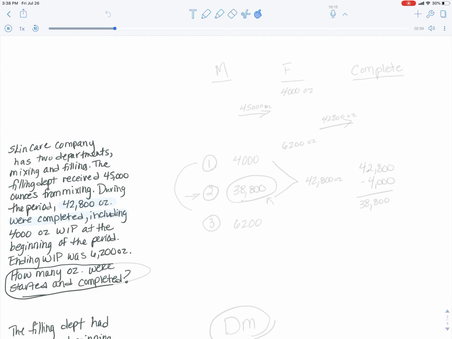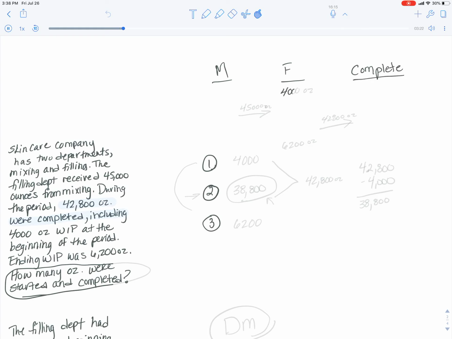So if we really just break this up into what are our three groups, then we can figure out what is beginning work in process. Basically what the problem is describing is that there's a mixing department and a filling department, and then when the product is complete.